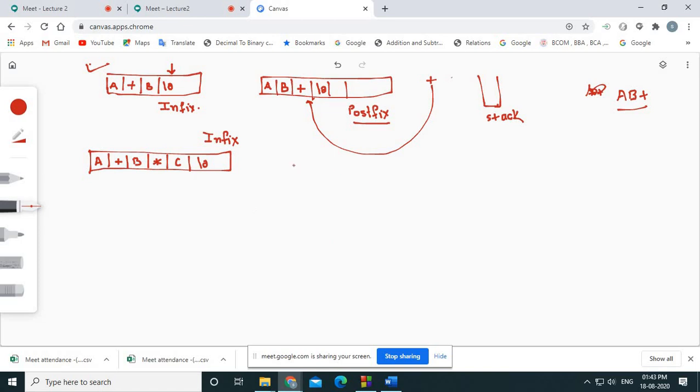And obviously the user will enter an infix expression. Now we have a stack, and we have another array which is called postfix. This is my postfix array. Currently it is empty, and we have a stack.